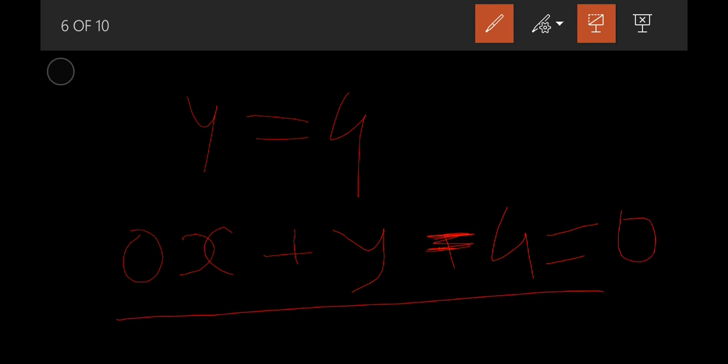So you can write y is equal to 4 as a linear equation in two variables. You can also take x is equal to 0; it is also a linear equation in two variables.